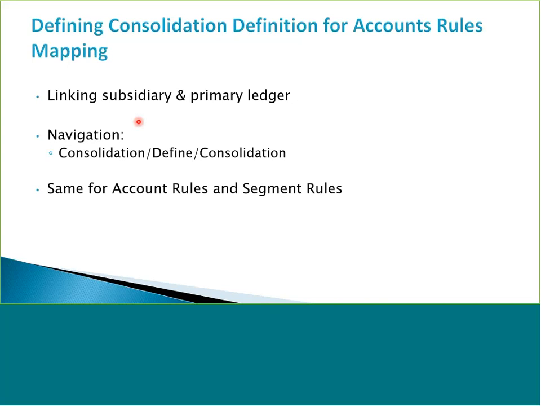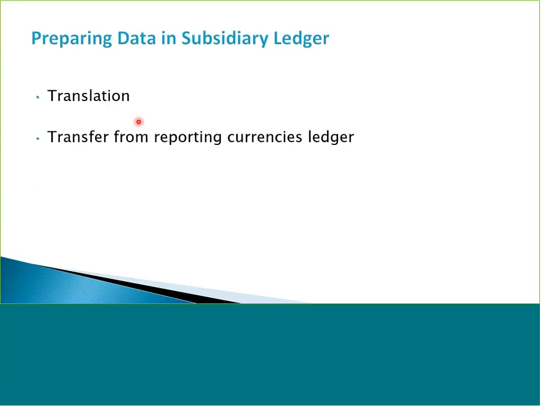But the consolidation definition links the subsidiary ledger to a primary ledger. So I just wanted to give you an introduction of what we are going to be doing. You're going to see how we do all this in the system, and we are going to do consolidation with both account rules and segment rules.